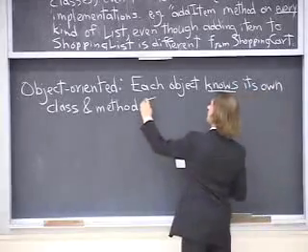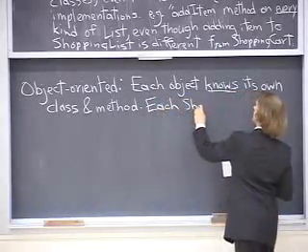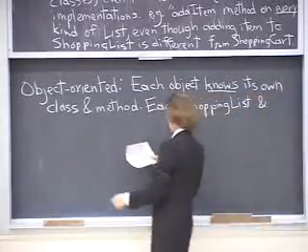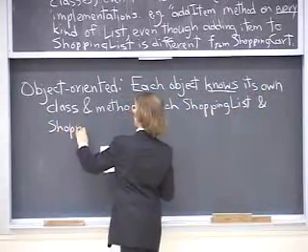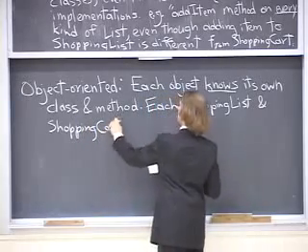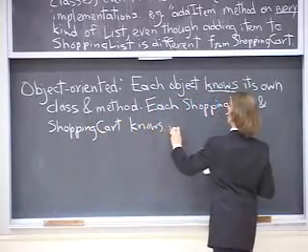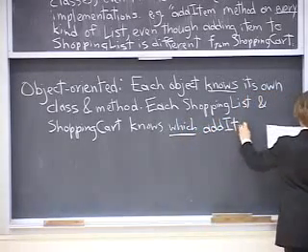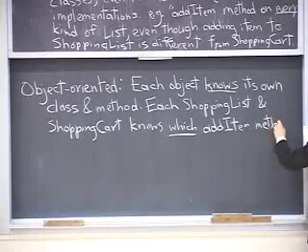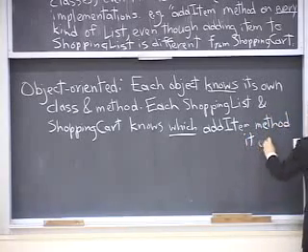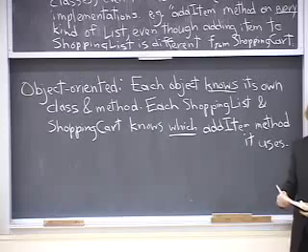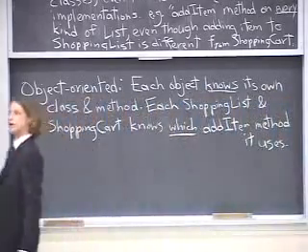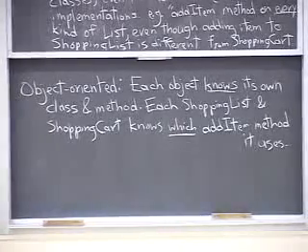And so each shopping list and each shopping cart knows which add item method it uses. And so if you call add item on an object, you don't have to know whether the object is a shopping list or a shopping cart. The object knows and figures out which add item method to call for you.